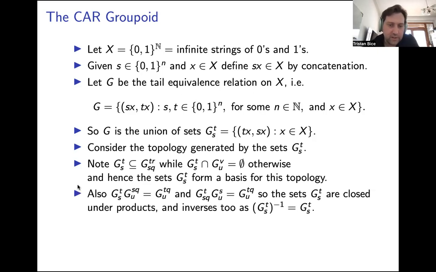To show that this really does define an Étale topology, it's convenient, I think, to use the characterization I had before about having a basis, which we already have, which is closed under products and inverses.